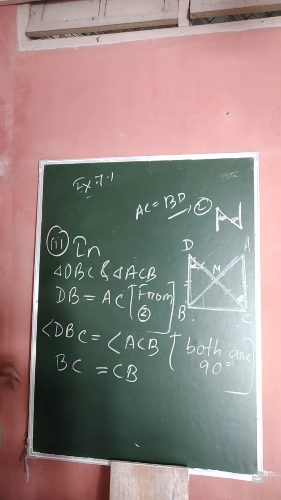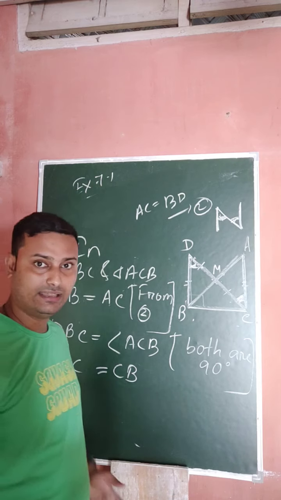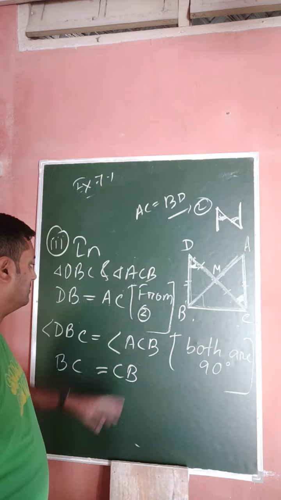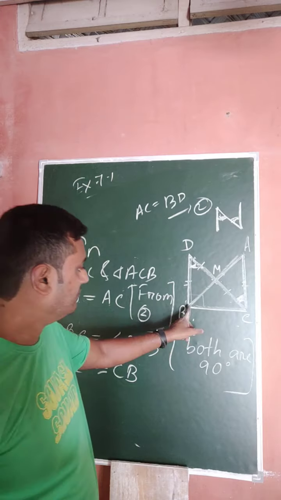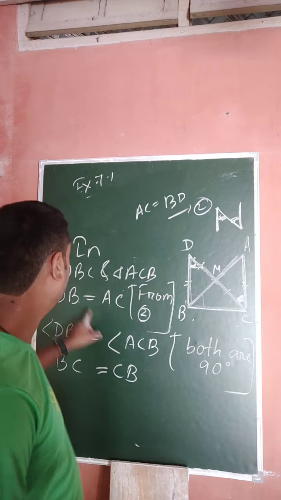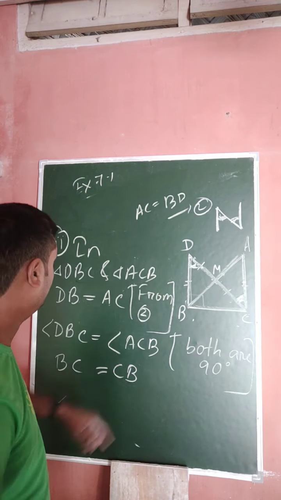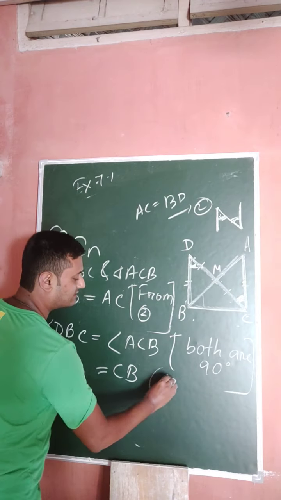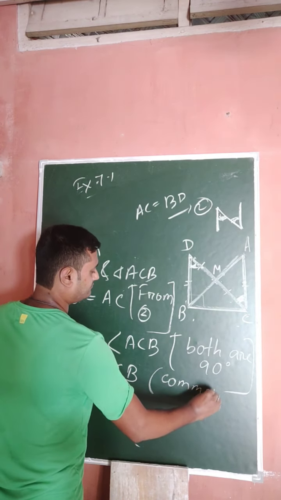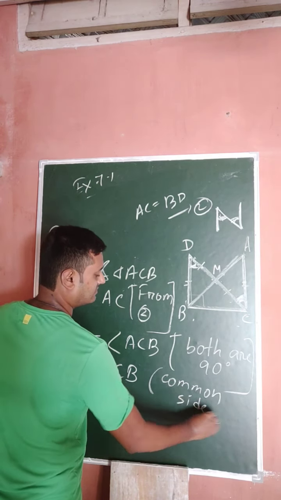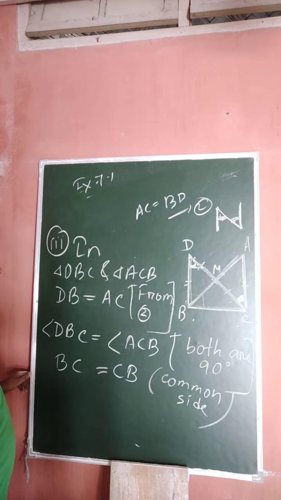Don't write BC equal BC. Same side, but you have to follow the actual pattern. BC equal to CB. You have to write common side. So ultimately, these two triangles are congruent by side, angle, side.